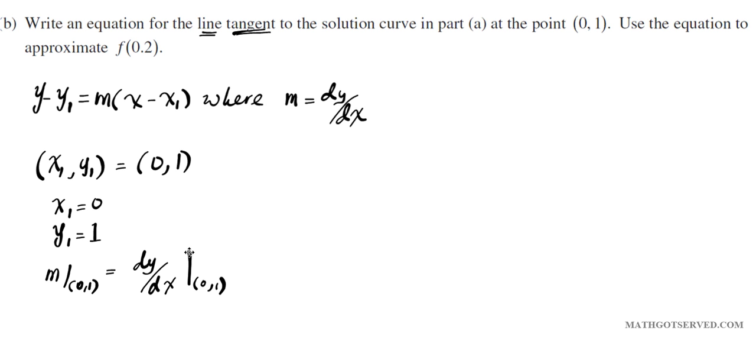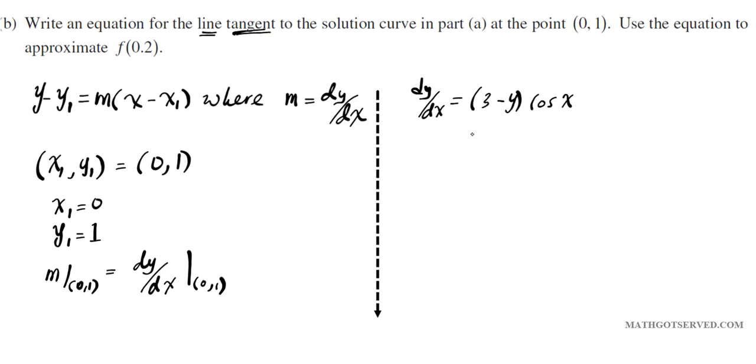But what do we know dy/dx as being in this problem? We have the differential equation provided, dy/dx equals (3 minus y) cosine x. So how do we find m?